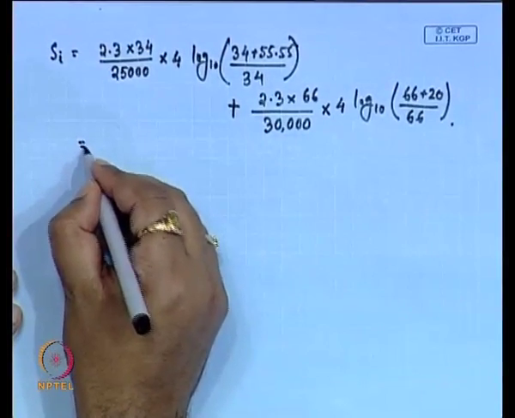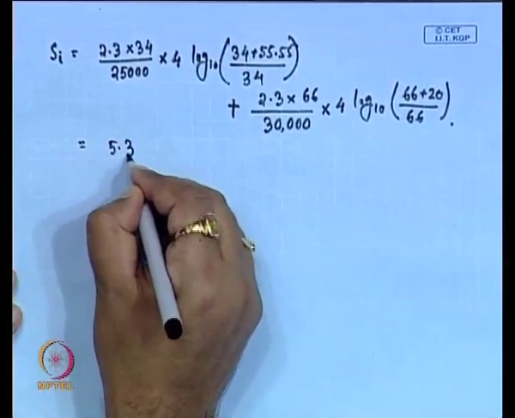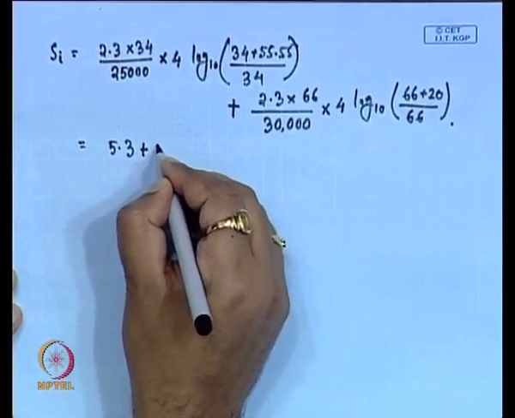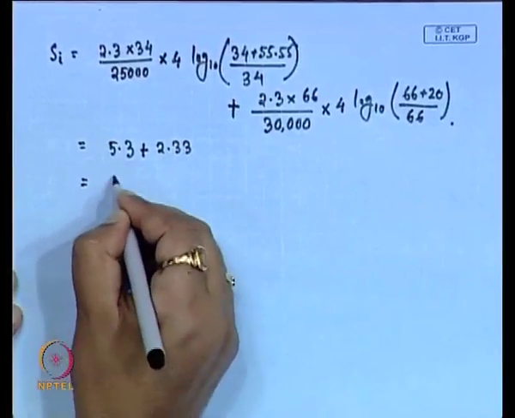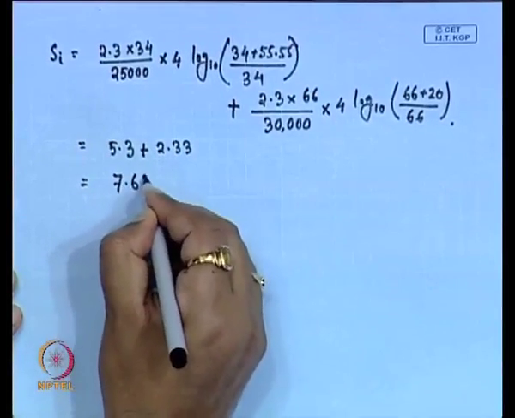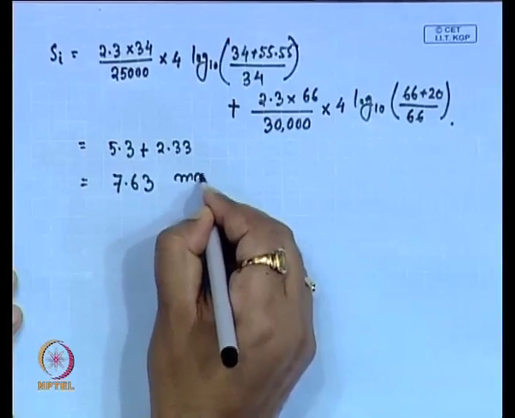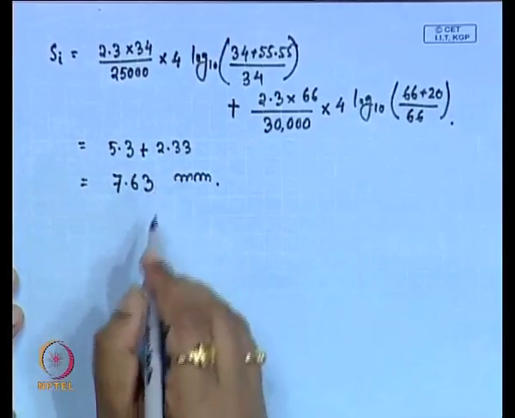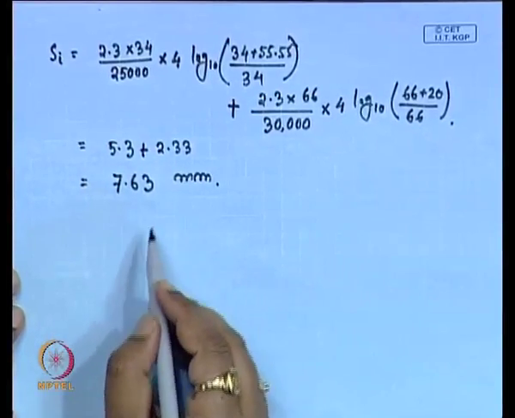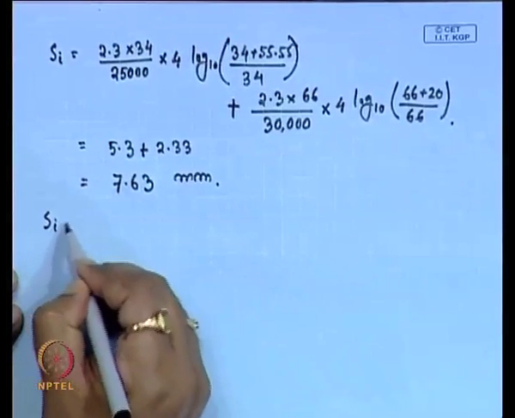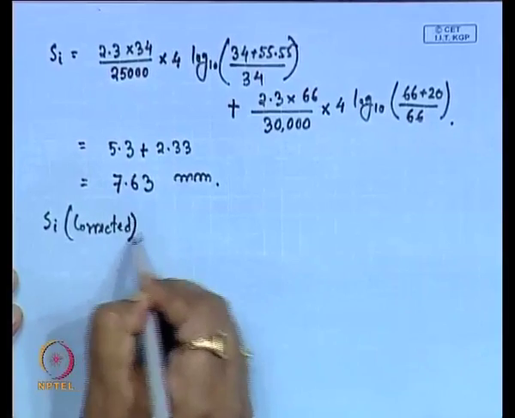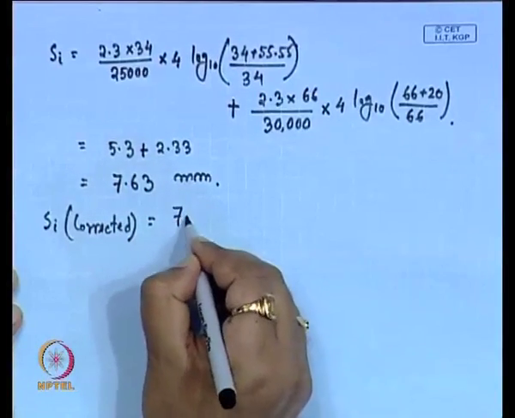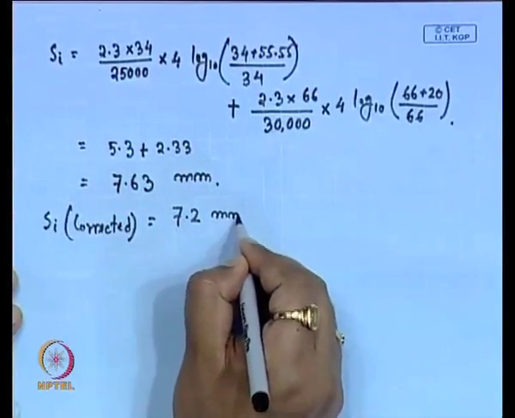So, here you will get the settlement 5.3 plus 2.33. So, this total settlement is 7.63 millimeter, and after the correction, if we multiply by the depth correction 0.94, the S I after correction is coming 7.2 millimeter.